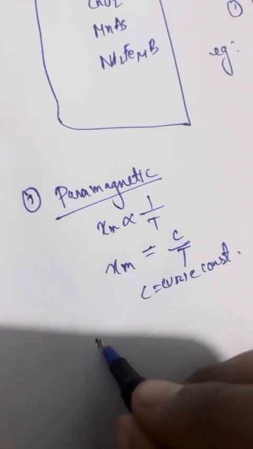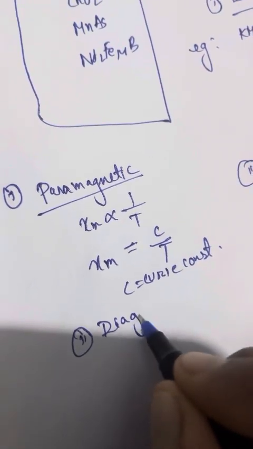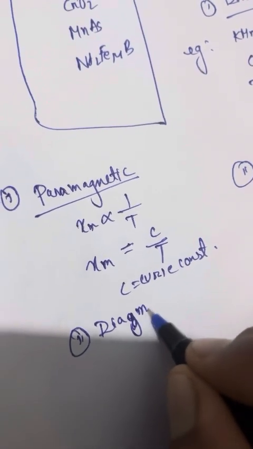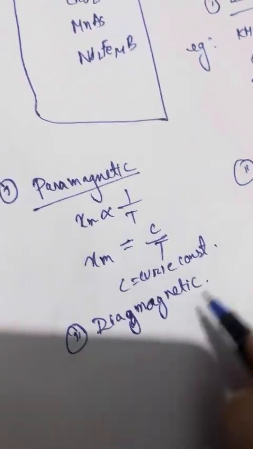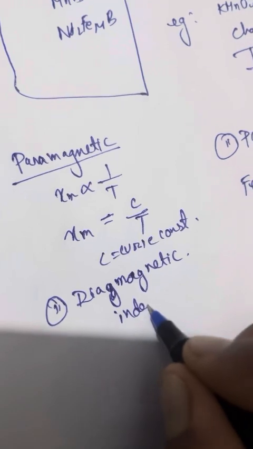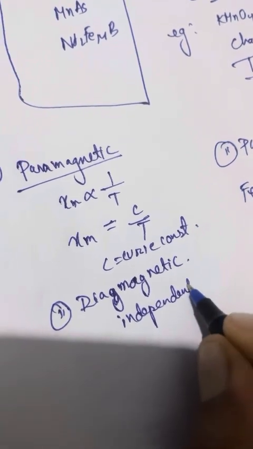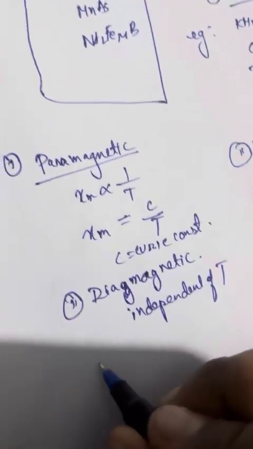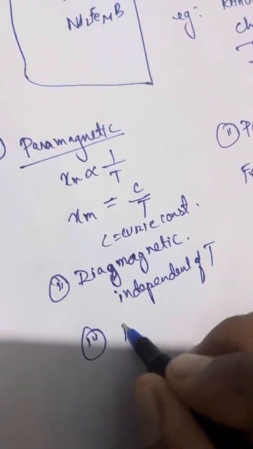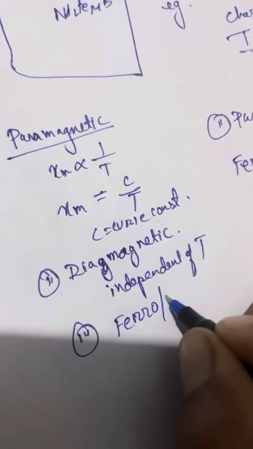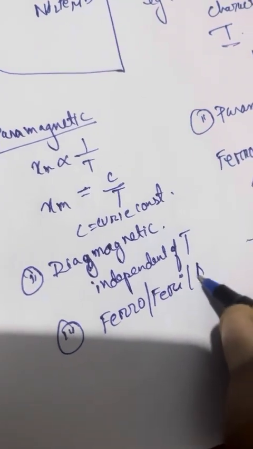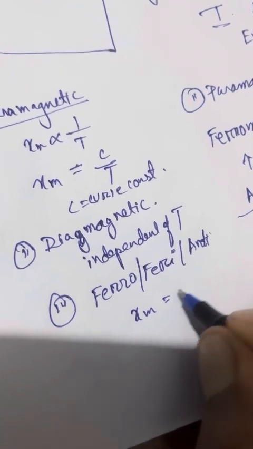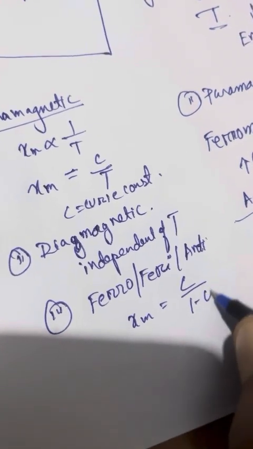For diamagnetic, it is independent of temperature. And for ferro, ferri and antiferromagnetic, xm is equal to C by T minus theta.